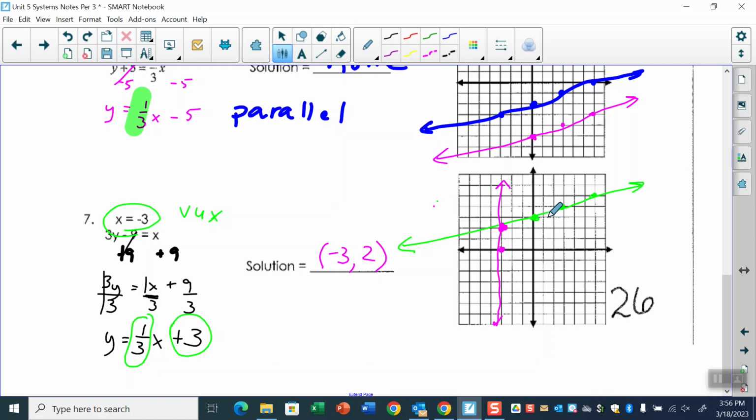Looking at this, my slope was 1 over 3, so it would be down 1 and over 3. So that goes right there. My line was just a little bit off there. But again, put it in Desmos.